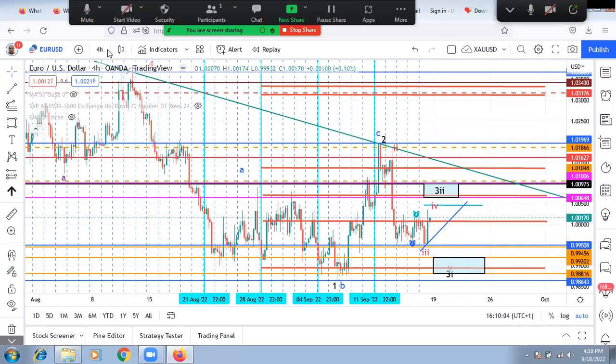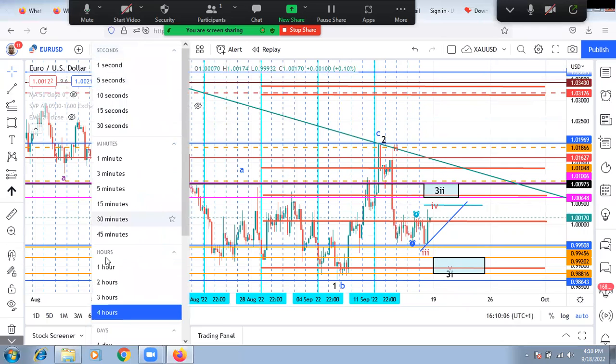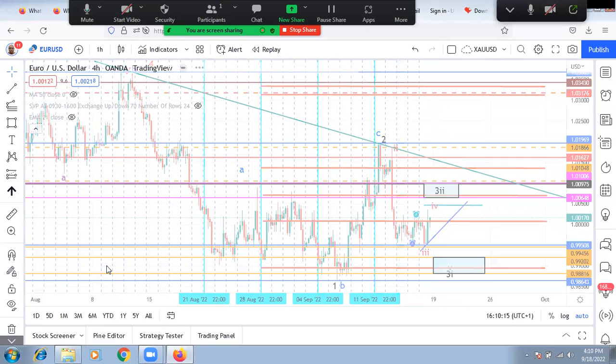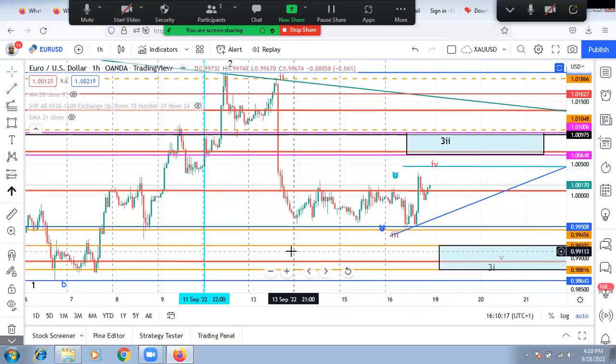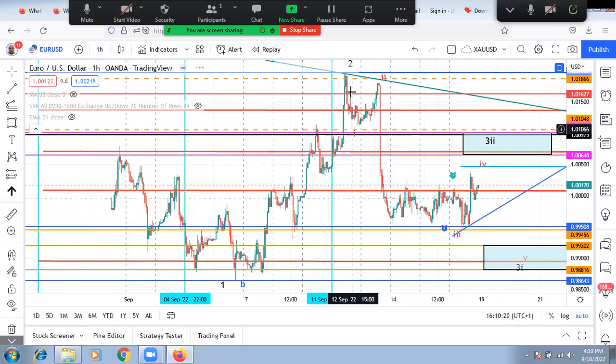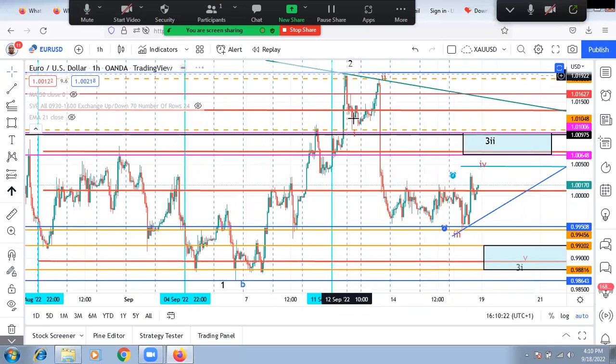Has it ended? Let's go inside the 1 hour, or 45 minutes, or let's say we look for the 1 hour structure to see if we can see anything here. Now, this is the 1 hour. Looking at this, the wave came down and this wave went up. That is a 1 and a 2.